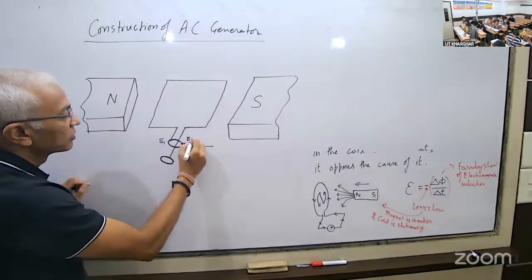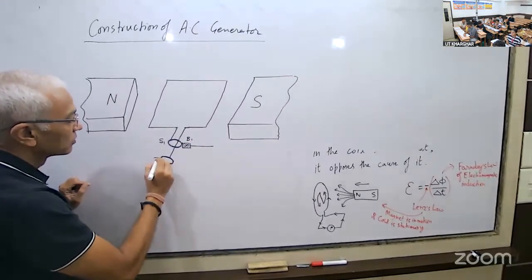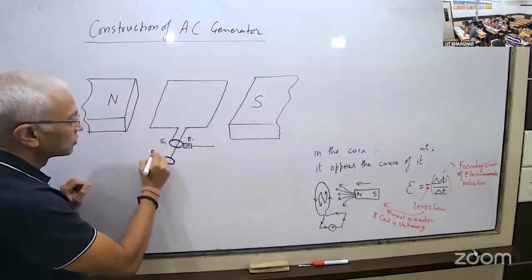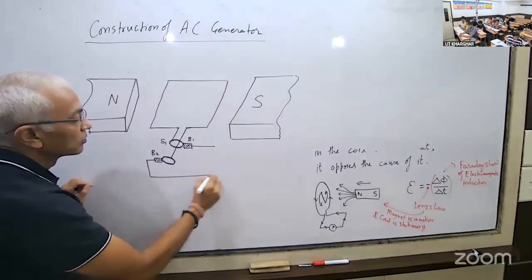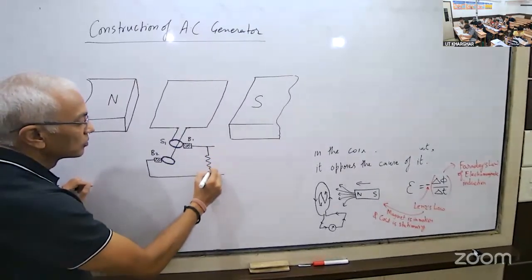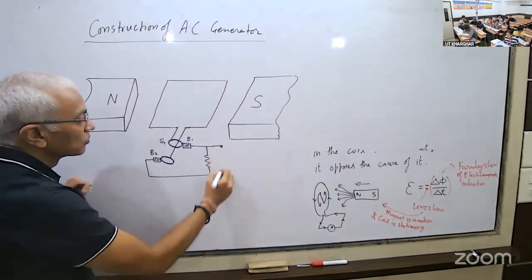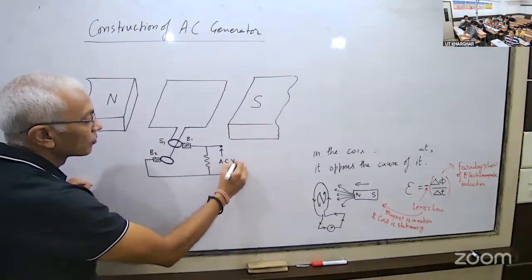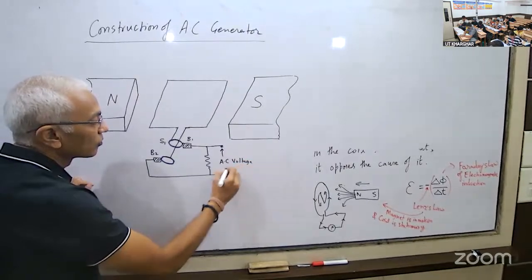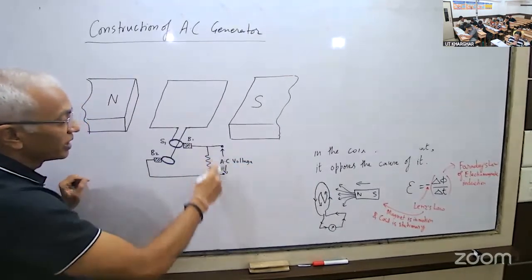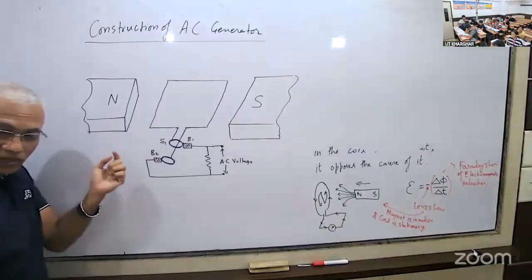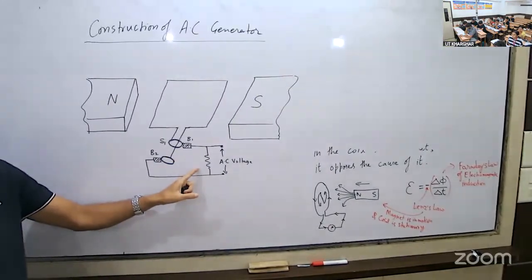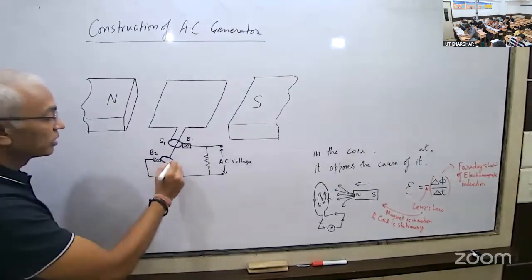This is B1. So AC voltage will be created across this resistance as the potential difference across this resistance. Okay. So how the current will be generated?